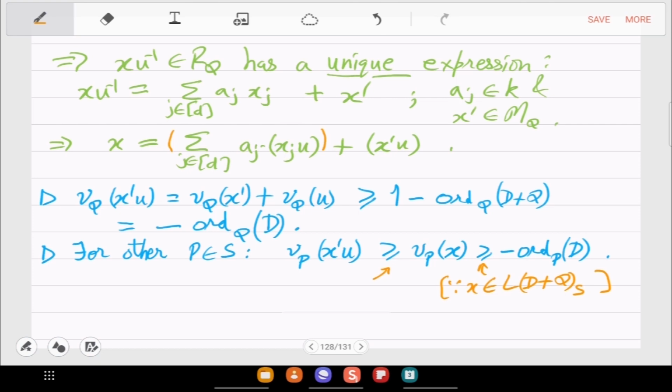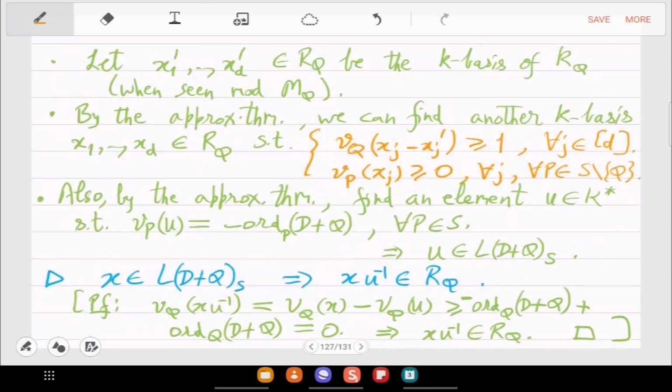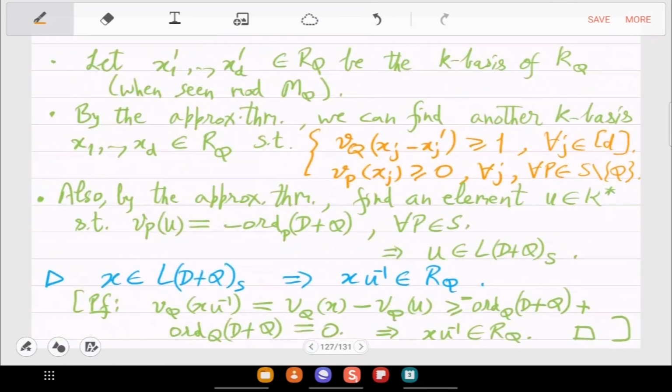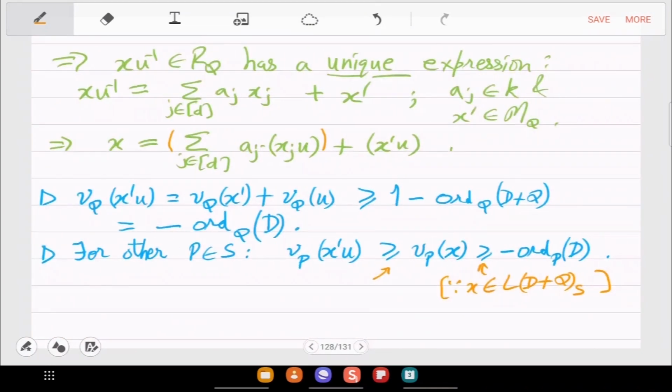So I have to compare the valuation of x with x_j u. Yeah, I don't think I can do it right now.